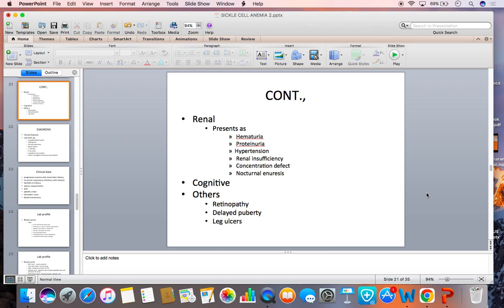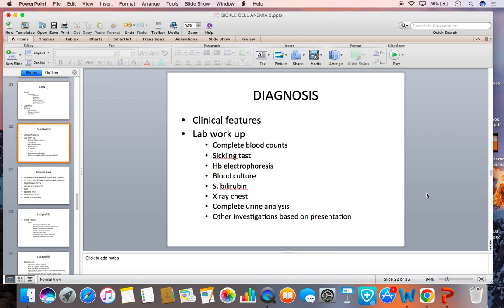Children with sickle cell anemia also suffer from cognitive disturbances. There could be retinopathy, delayed puberty, and leg ulcers. This is the spectrum of clinical manifestations a child with sickle cell anemia may present to you.